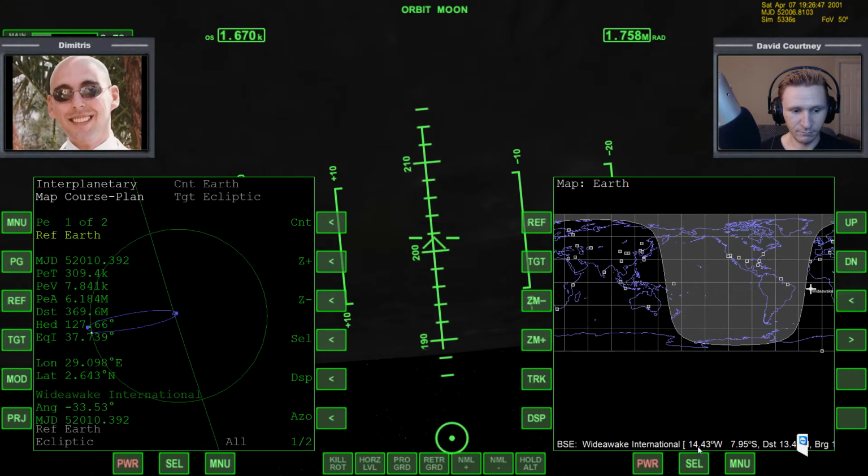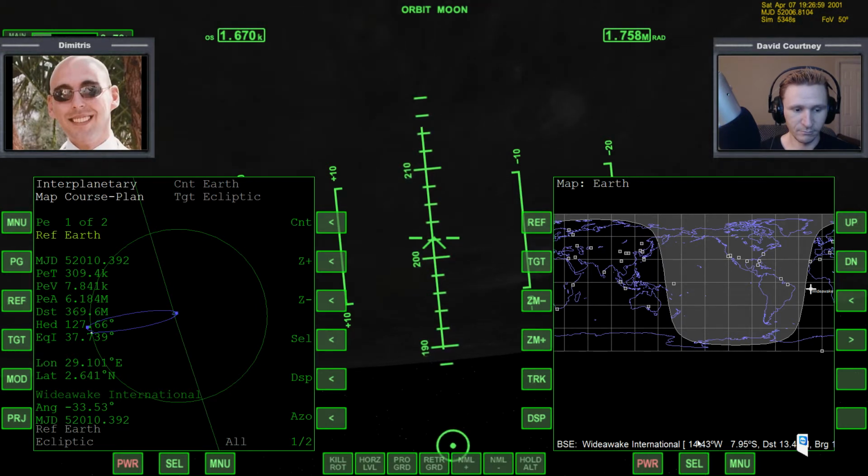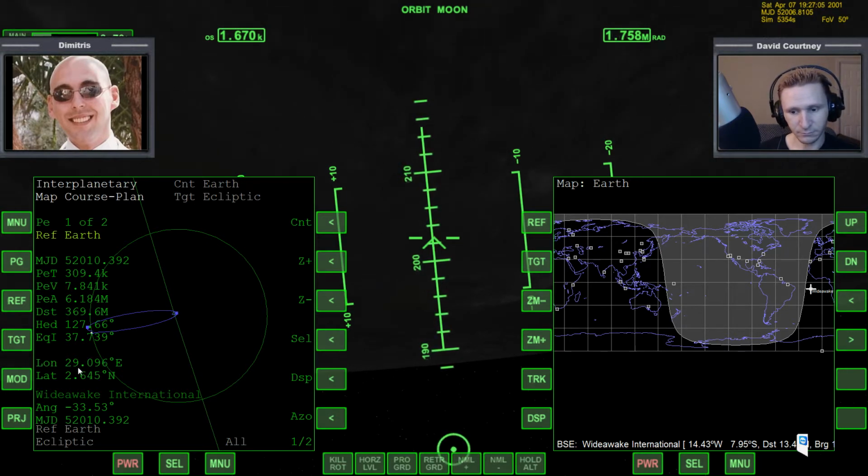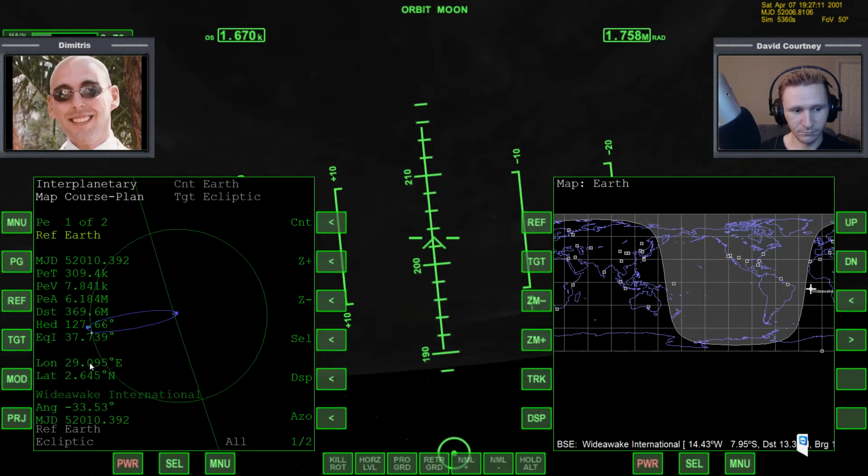So if we add 45 to this, that's almost 60 degrees west. That's our outermost limit. And the innermost limit is 30 degrees, so that would be 45 west. So we want the longitude to be somewhere between 45 west and 60 west. Those are the limits that we want to play around with.